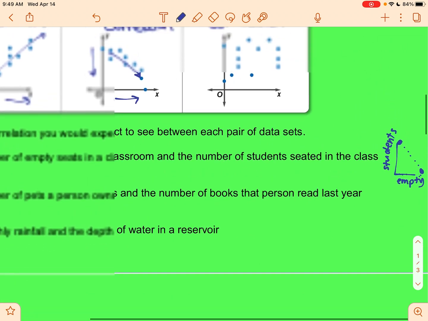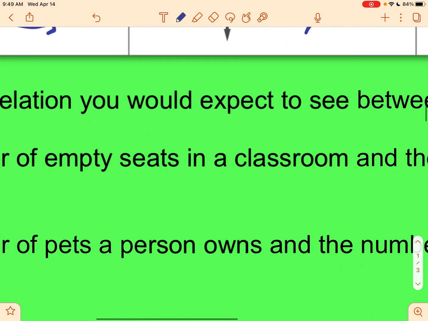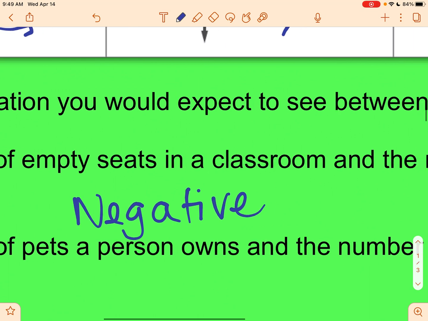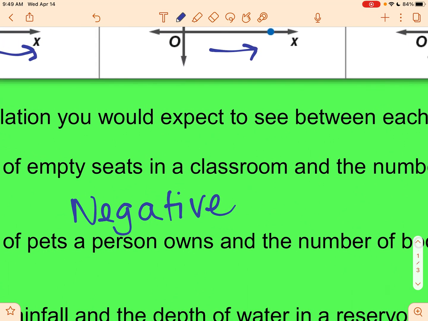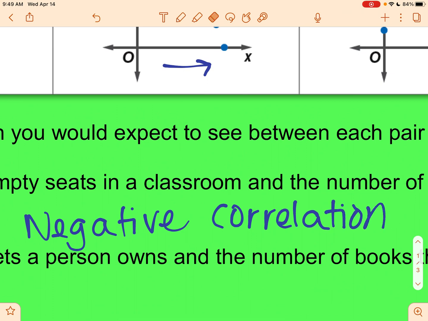What kind of correlation is that? Is that positive, negative, or no correlation? That's negative correlation. That means that the more empty seats we have in the classroom, the fewer kids are in there. Oops, not no correlation, it's just negative correlation.